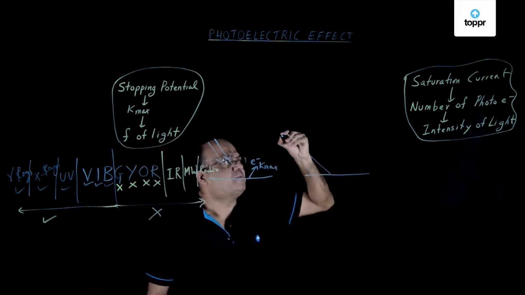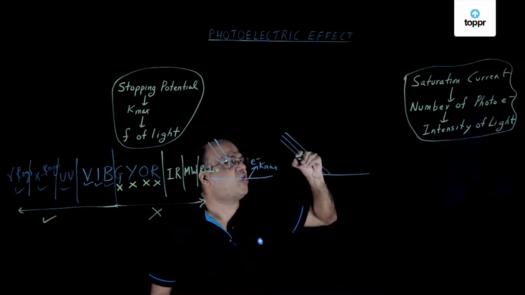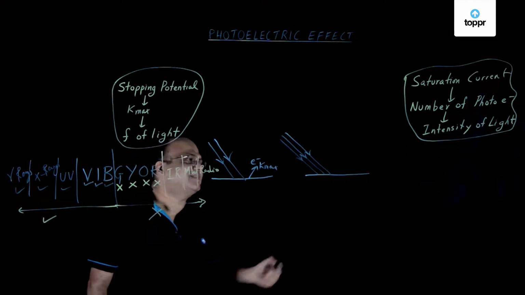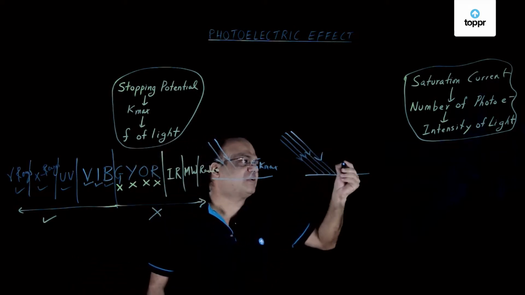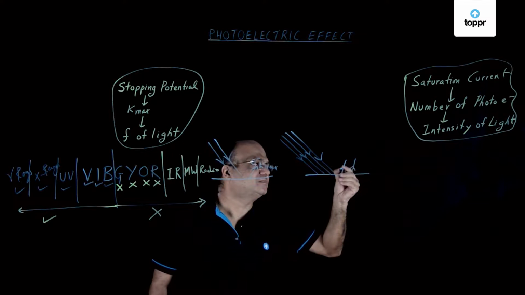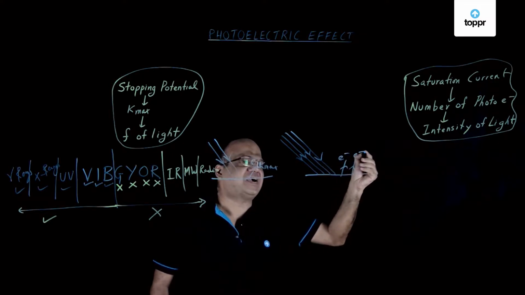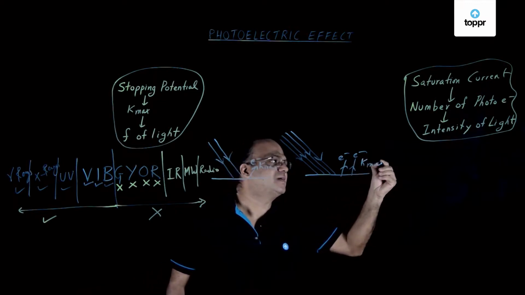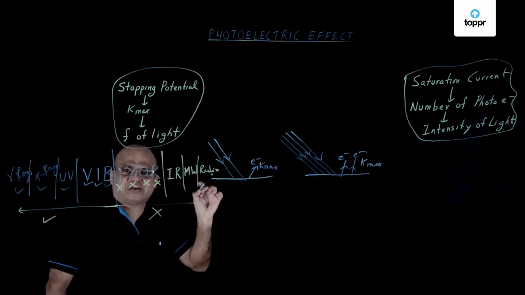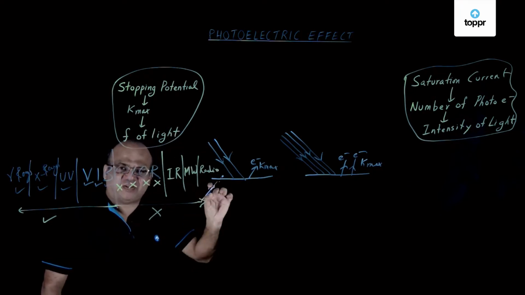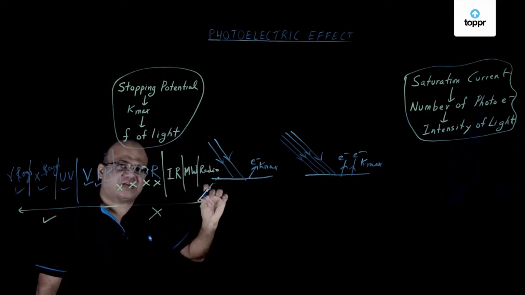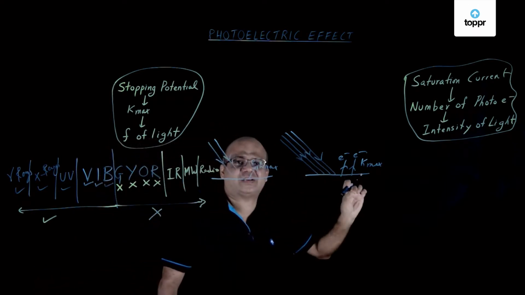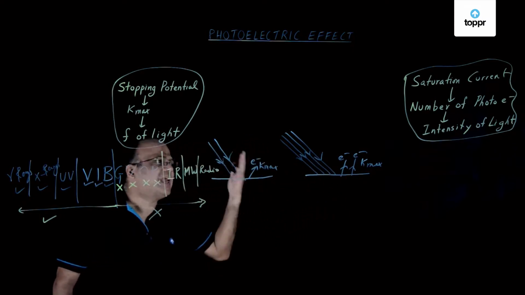Suppose we put a high intensity blue light. Suppose all the blue light in the universe falls on this metal surface. Then more electrons come out, but the Kmax is the same. Whether a low intensity or a high intensity blue light falls on the metal surface, Kmax is the same.